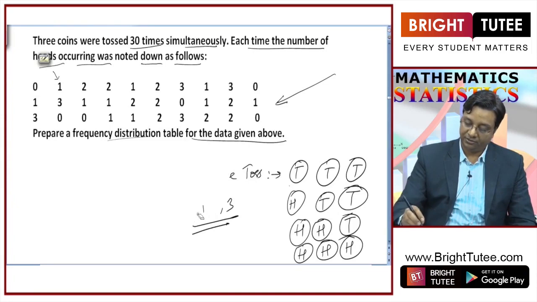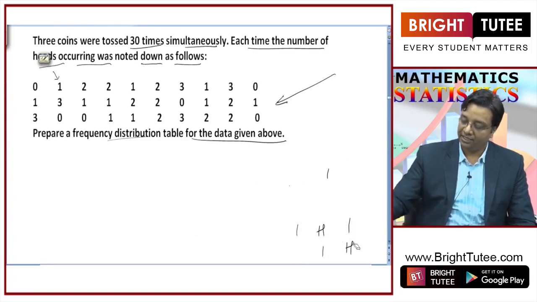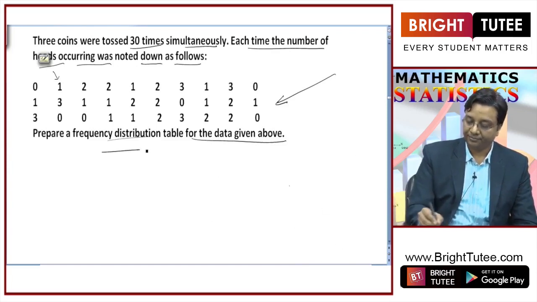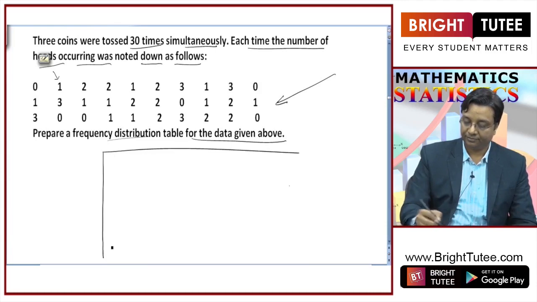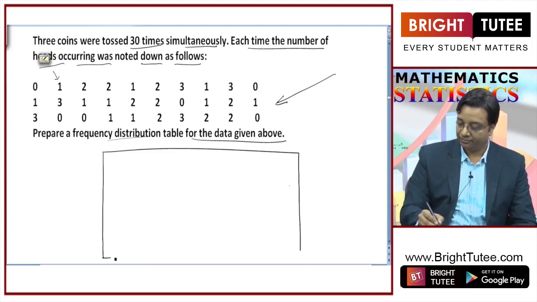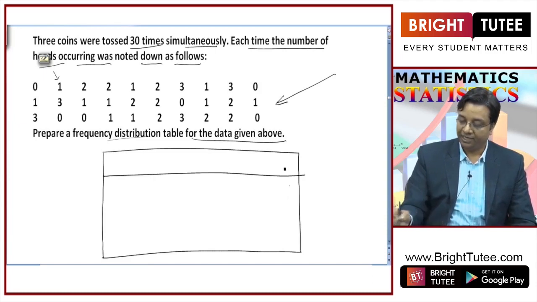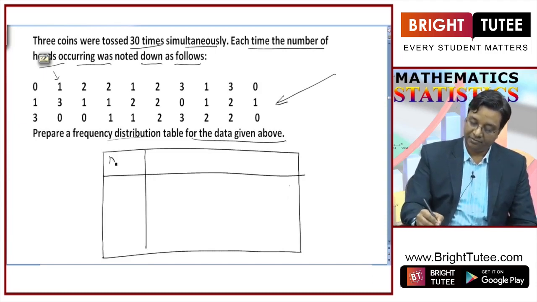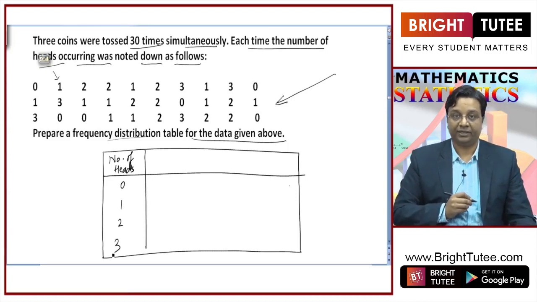So what we will have in our frequency distribution table is the number of heads: 0, 1, 2 or 3, right?